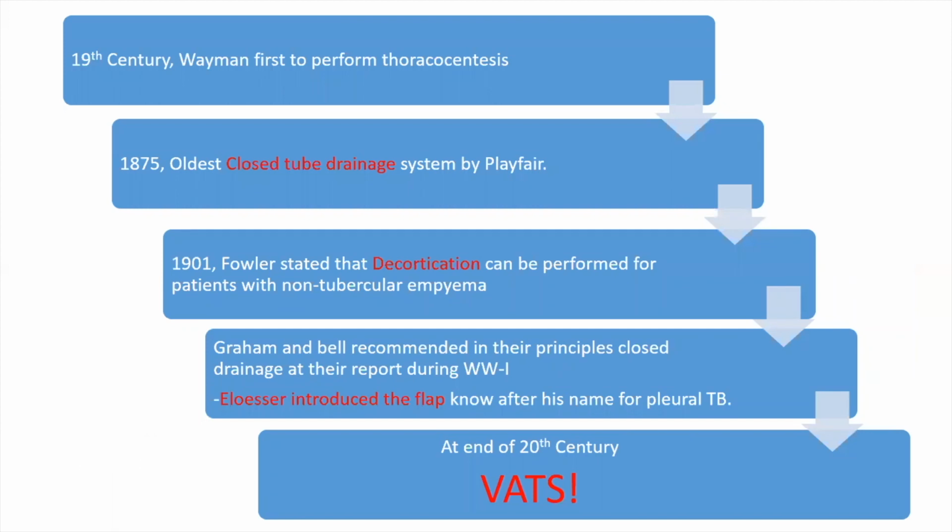Okay, and so for the historical arrangement of our subject, it started in the 19th century, when the first thoracentesis was performed, and then in 1875, the oldest closed tube drainage system was invented, and in 1901, Fowler stated that decortication can be performed for patients with non-tubercular empyema.